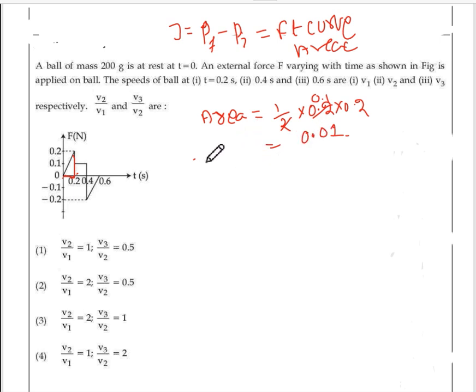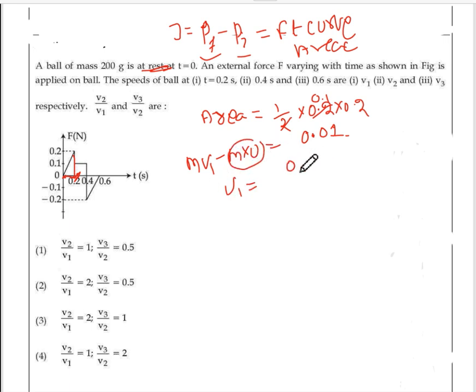So the area is the final momentum minus the initial momentum. So I just put m v1 minus m into 0, because the object is initially at rest. So when the object starts here at 0, it is at rest, and that part will become 0.